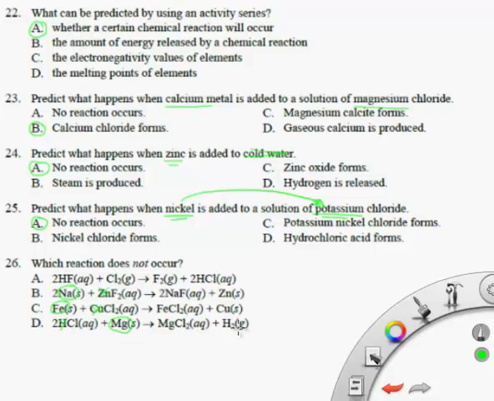We end up with magnesium chloride and hydrogen gas forming. Here, we're looking at whether fluorine is higher on the activity series than chlorine, or chlorine higher than fluorine. When you compare those two, fluorine is higher than chlorine, so no reaction will occur. The answer, which reaction does not occur, is A in this case.